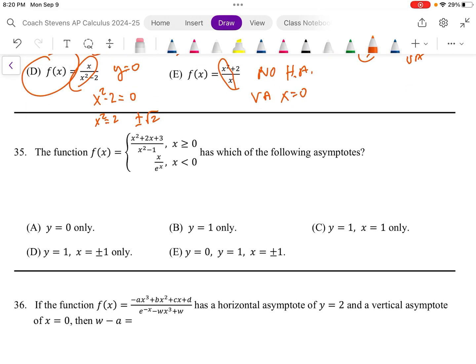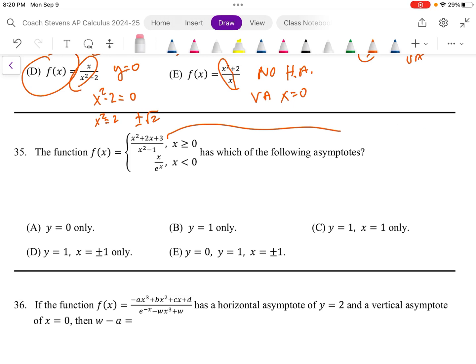35, we got a piecewise function here. Let the function f of x equal this when x is greater than or equal to 0, and that when x is less than or equal to 0. The function has the following asymptotes. All right, so the top one, let's factor that into an x plus 2 times an x.